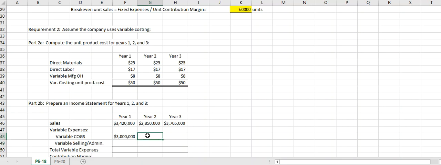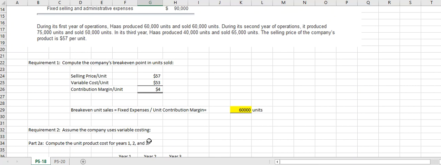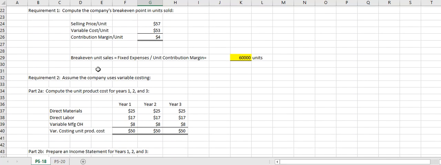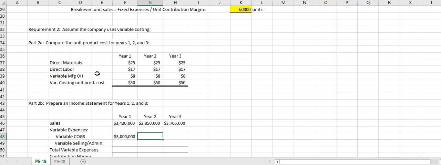And let's see, I can't remember my numbers. Year 2 was 50,000 and year 3 was 65,000. So in year 2, we would take the $50 times the 50,000 that we sold, which would be $2,500,000.